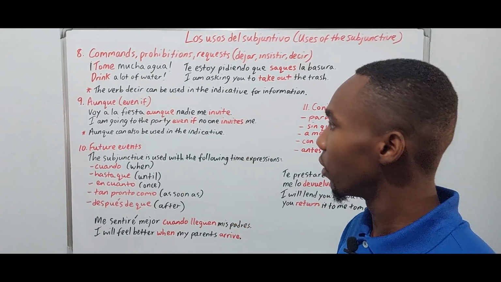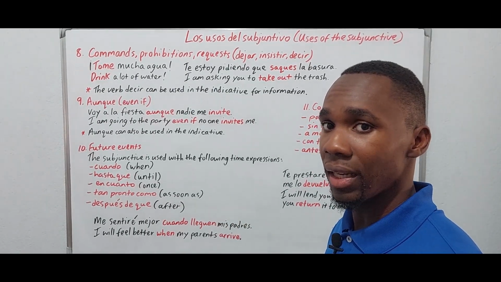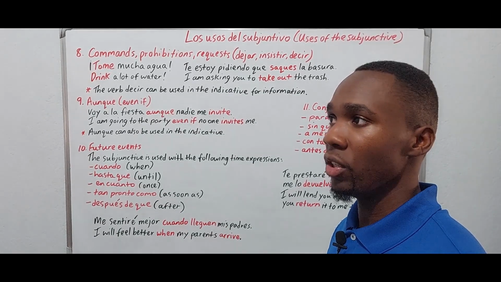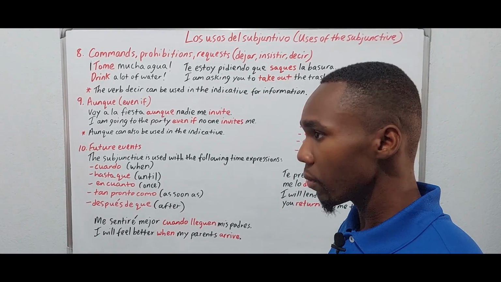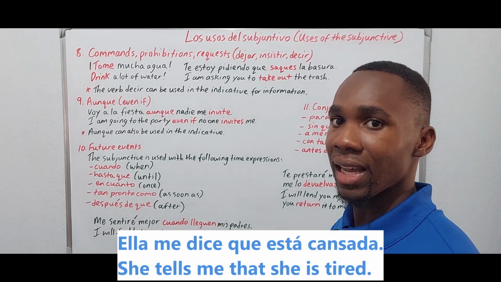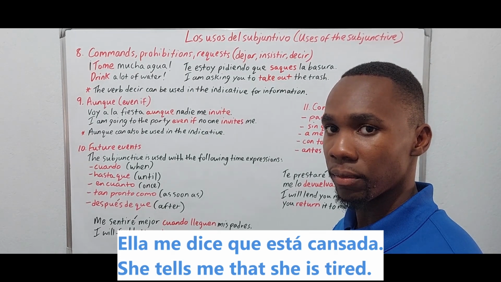Now, when it comes to the verb decir, it can be used in the indicative, but when it is used in the indicative, it would be used to transmit information. For example, ella me dice que está cansada. She tells me that she is tired.